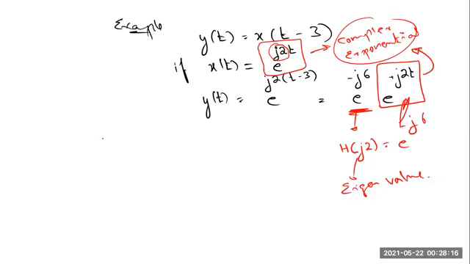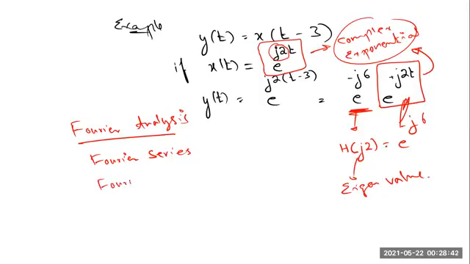So one thing that you need to keep in your mind is that there are two tools that we will use in Fourier analysis. One is Fourier series, that is the topic of this chapter. And the other tool that we use is known as Fourier transform. So what is the difference between these two?